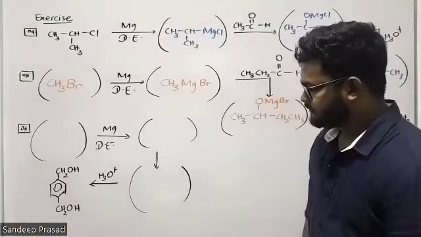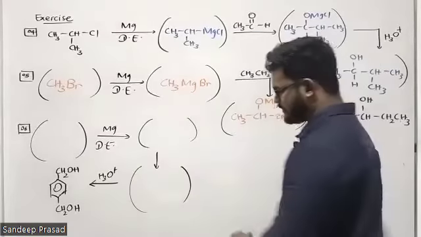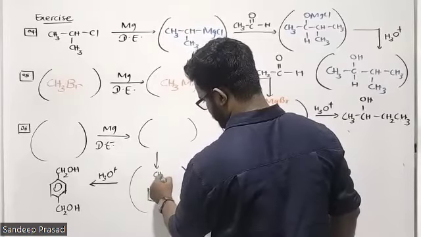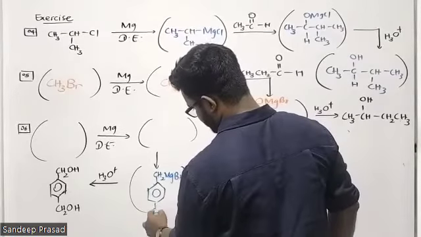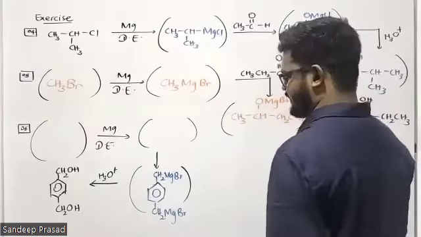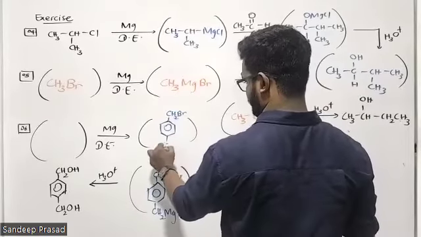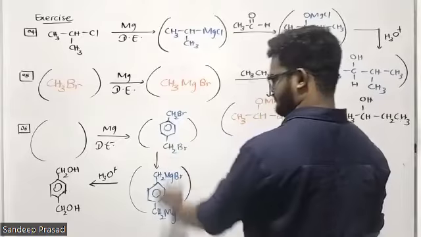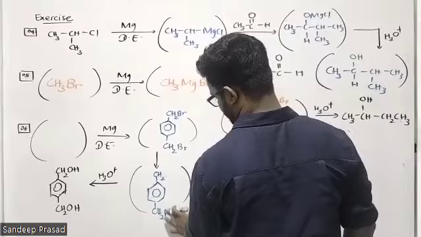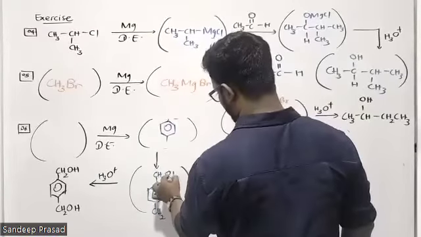Number 6. In the sixth one, you can see that diol. Diol means actually 2 OH groups are produced. That means we can consider CH2MgBr, CH2MgBr, CH2OMgBr, right?